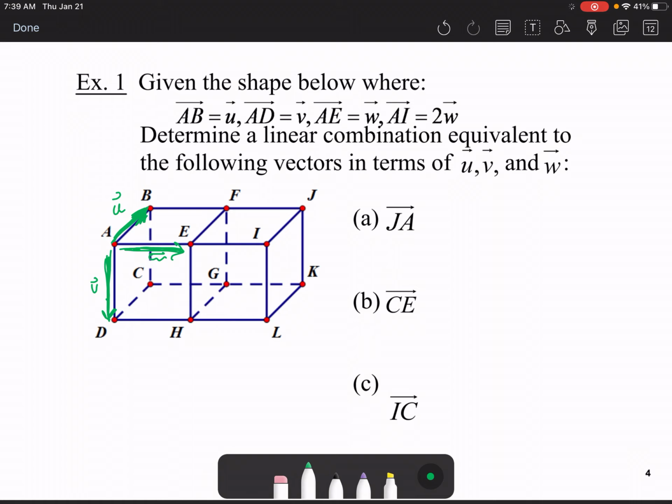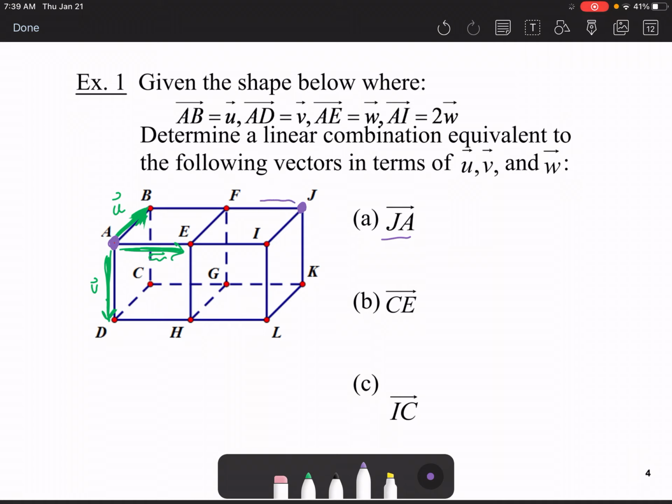So determine a linear combination equivalent to the following vectors in terms of U, V, and W. So you want to have vectors U, V, and W as your answers. We're going to start with JA. So you're going to start with point J, and you want to get to point A. To go from J to A, there's one possibility.